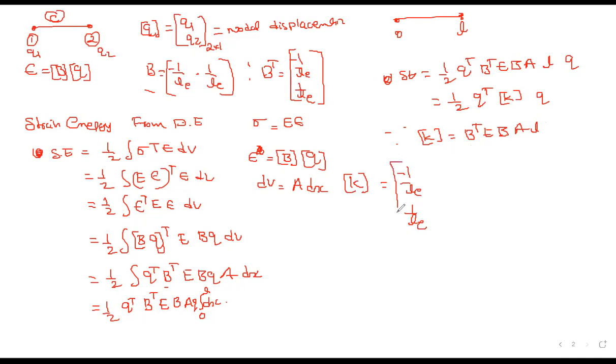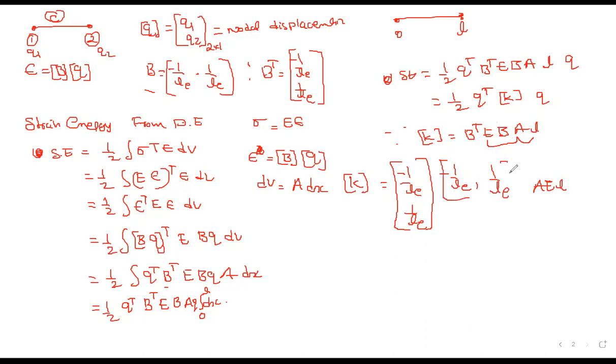Young's modulus E, area A and L are single parameters, so take A, E and L outside. Again the B matrix is equal to minus 1 by L, comma 1 by L.